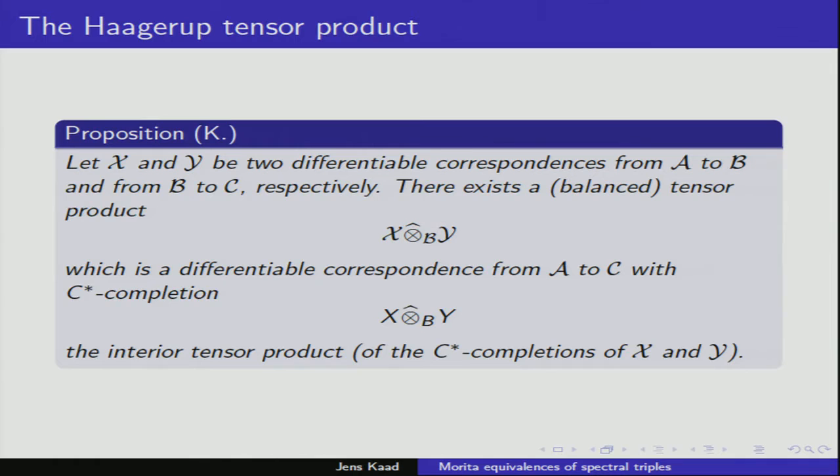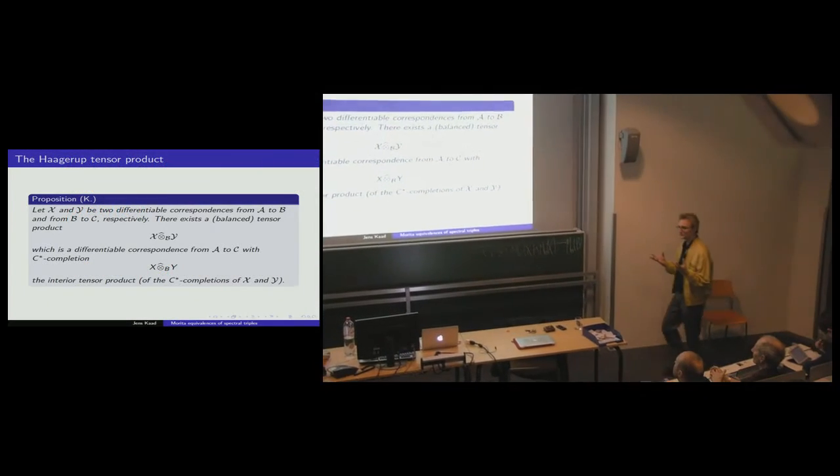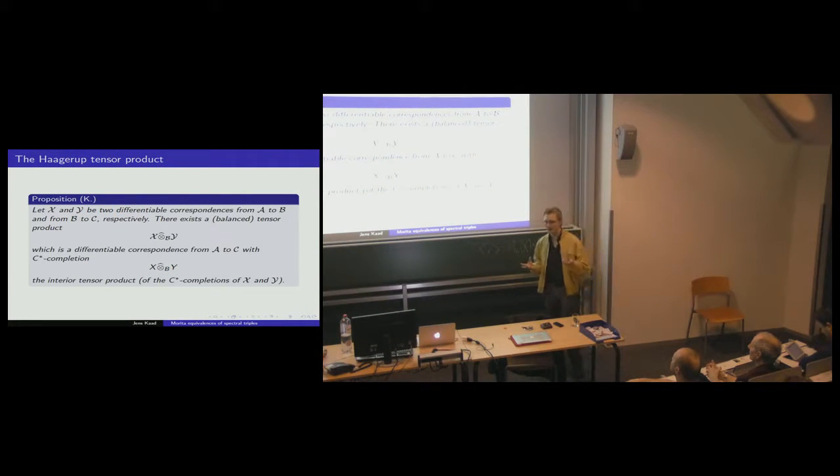Okay, so in order to define what it means to be Morita equivalent now, we also need to have a tensor product of this kind of structures. And I'm going to use here the tensor product of operator spaces par excellence, the Haagerup tensor product of two operator spaces.